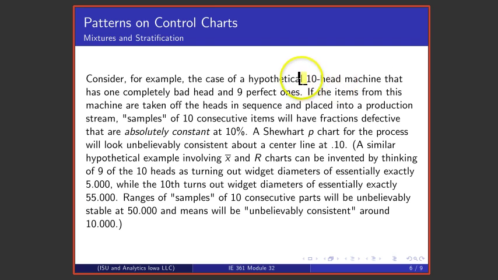Think, for example, of a machine that has, say, 10 heads, one of which is completely bad and 9 of which are perfectly good.